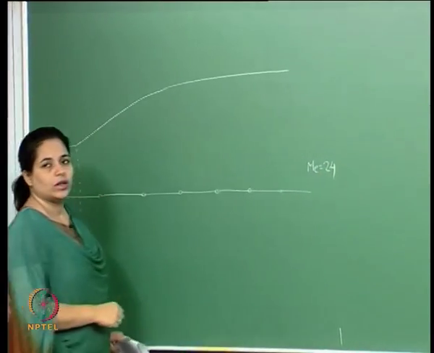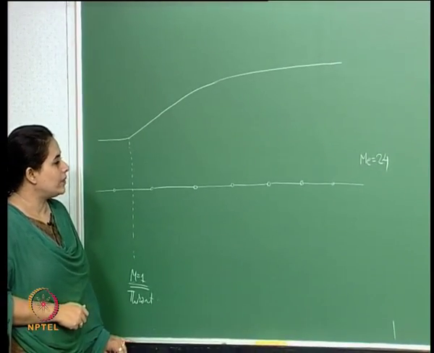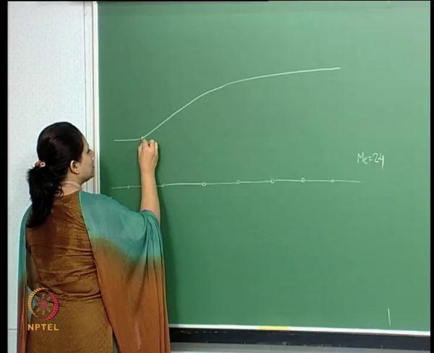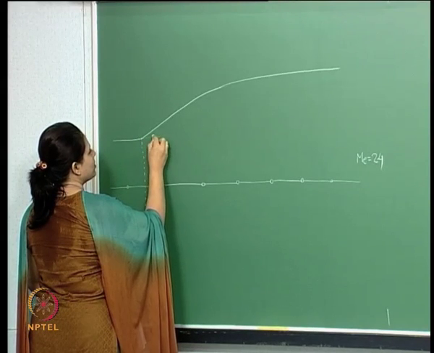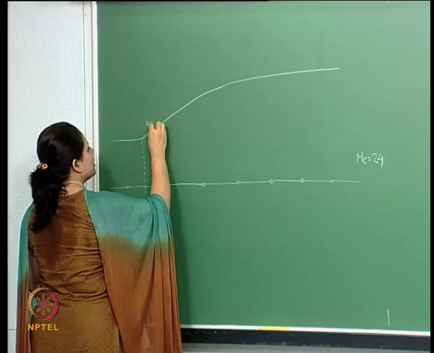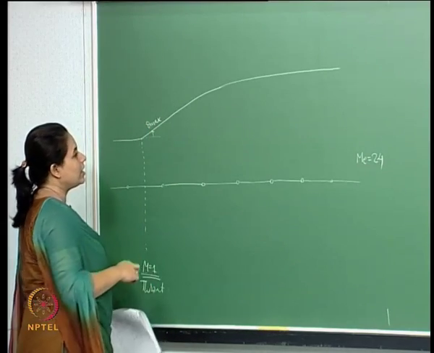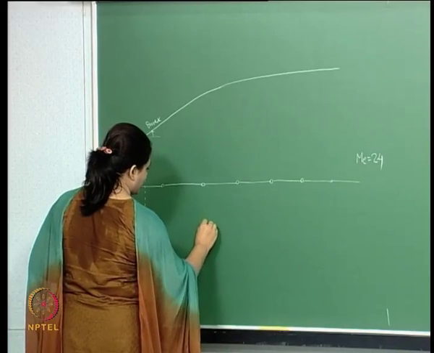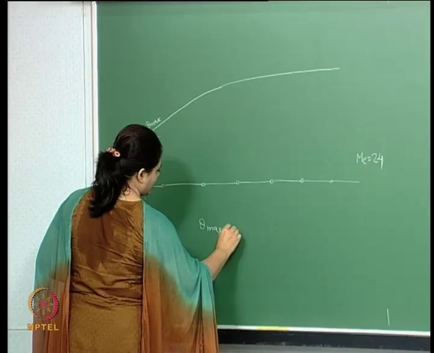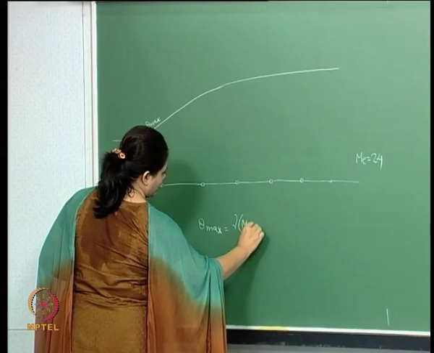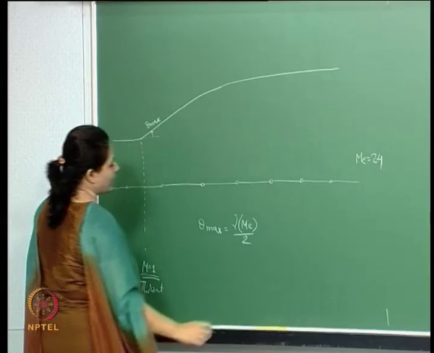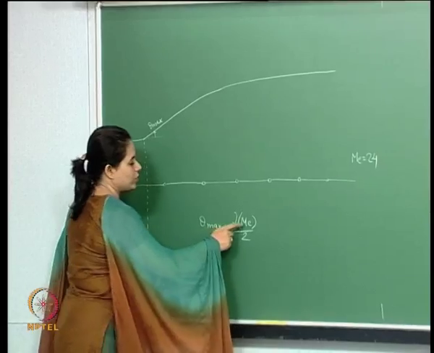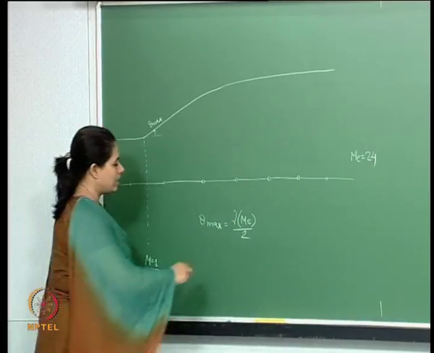This is the problem. So what we calculated is the maximum angle here, this was theta max. We were able to calculate that as the Prandtl-Meyer function with respect to the exit Mach number, half of that.